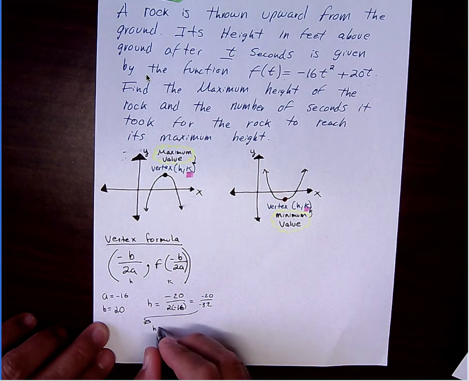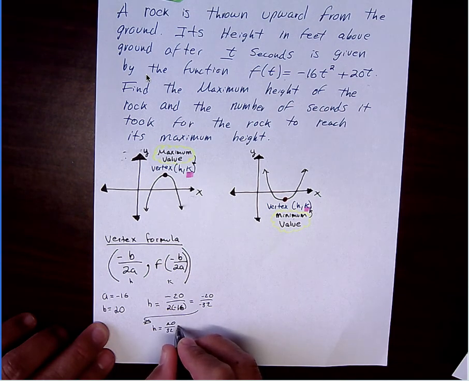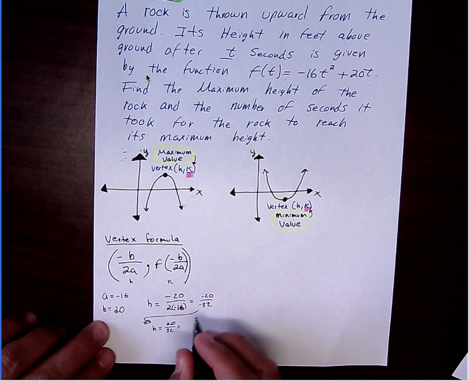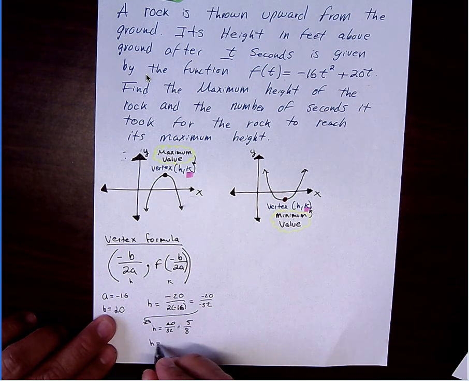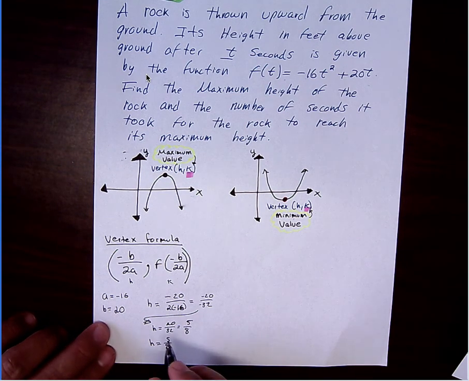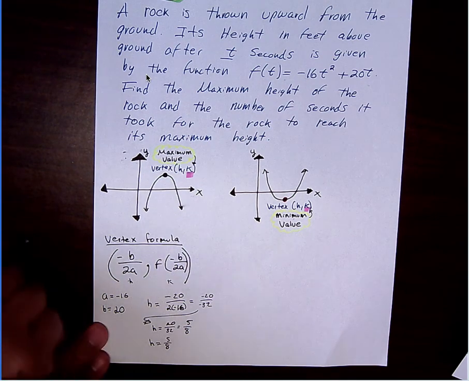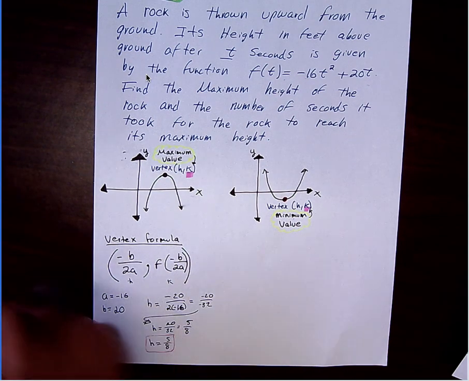So h is equal to 20 over 32, which simplifies to 5/8. So the h is 5/8, which is this part. So we found the h.